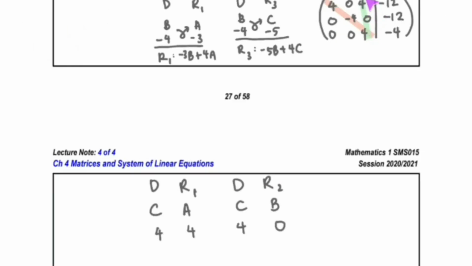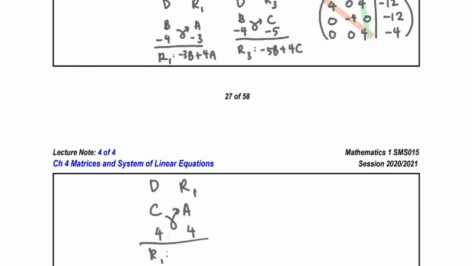Okay, so fokus dekat kolom ketiga. Diagonal kita adalah C, and then kita kena ubah row pertama dan row kedua lah. So row pertama 4, row kedua kita B kosong. Okay, since dia dah kosong, kita dah tak perlu ubah apa-apa. So kita tak kacau B lah, kita hanya buat dekat row pertama.